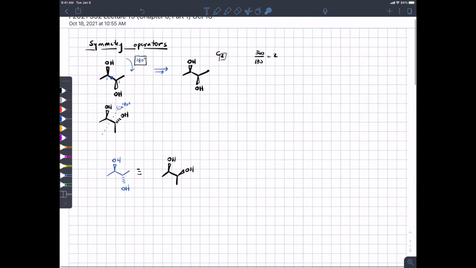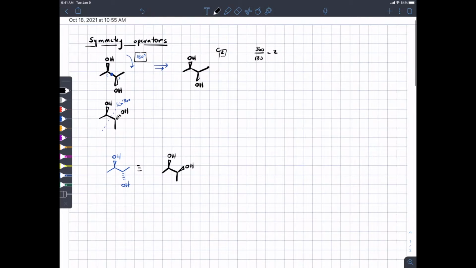Okay, so a C2 axis of symmetry tells you that when you rotate by 360 degrees divided by 2, or 180 degrees, you get the same thing, and it leaves the object unchanged. This is called a proper rotation.